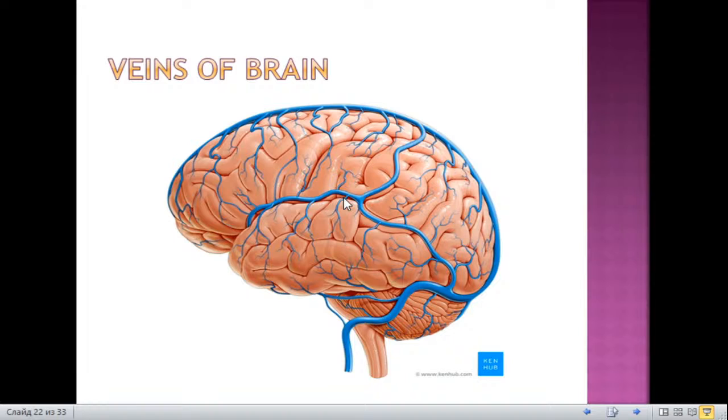This vein is called the superior anastomotic vein or Trolard's vein. It goes through the central groove and drains into the superior sagittal sinus. And the last one, it is below and at the back. It is the inferior anastomotic vein or vein of Labbé, and this vein drains into the transverse sinus.